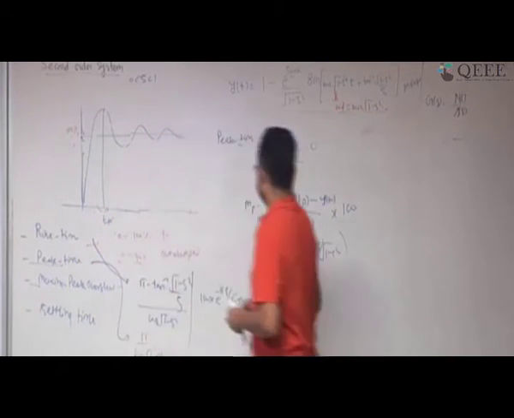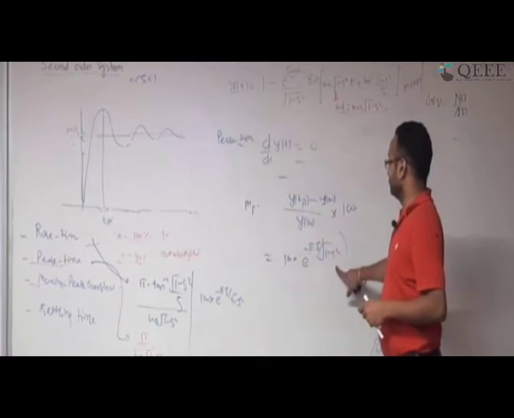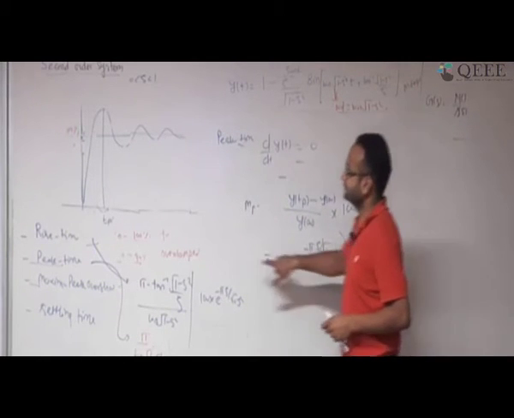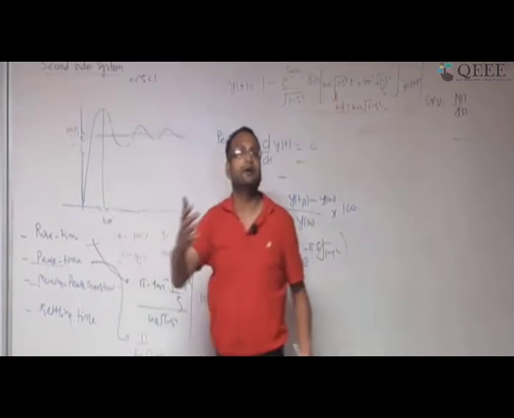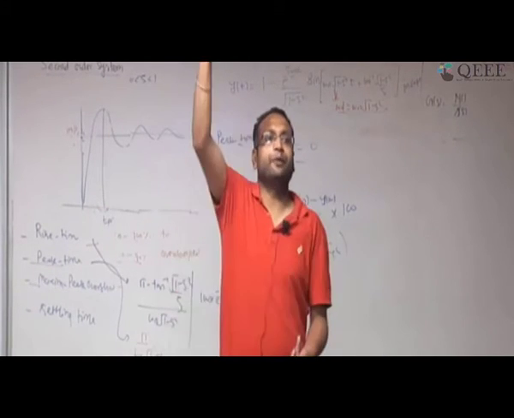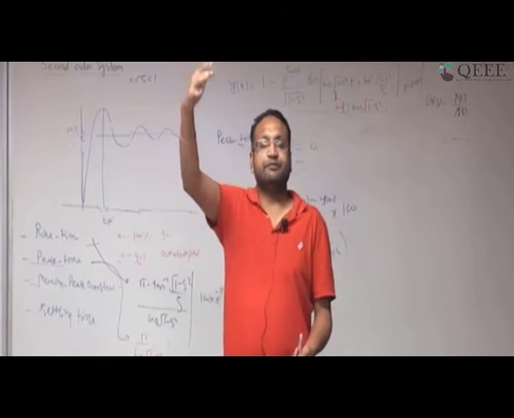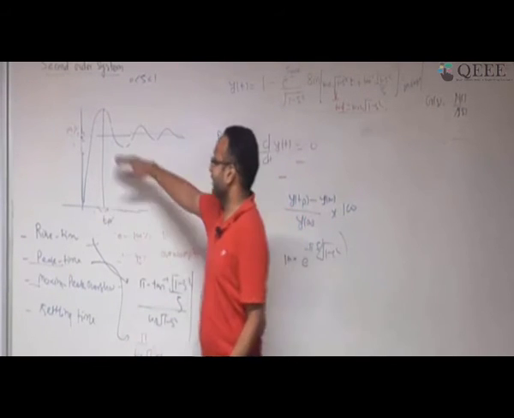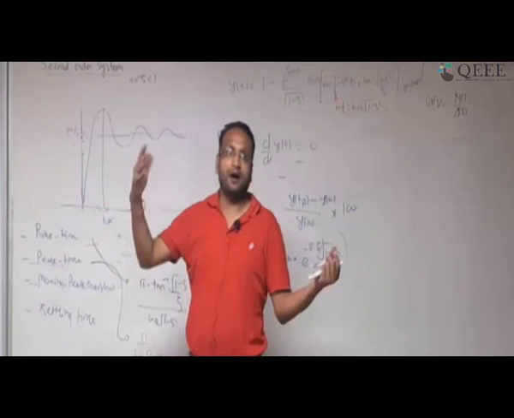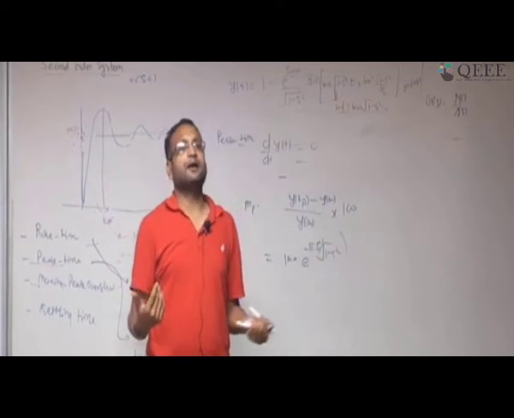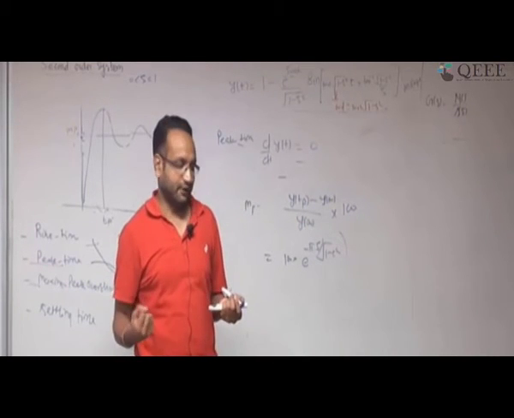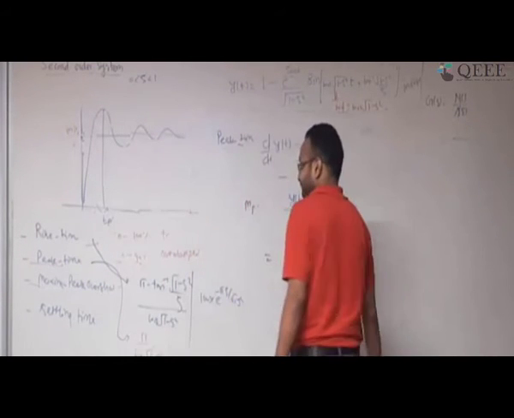If you look at it, when zeta equal to 0, this term is going to be 1. So overshoot will be maximum, and you don't want maximum overshoot to go to a very high value. Quite possibly your response is going to be unusually high and will spoil your system. Another part, you don't want oscillatory behavior. Okay, this part is clear.